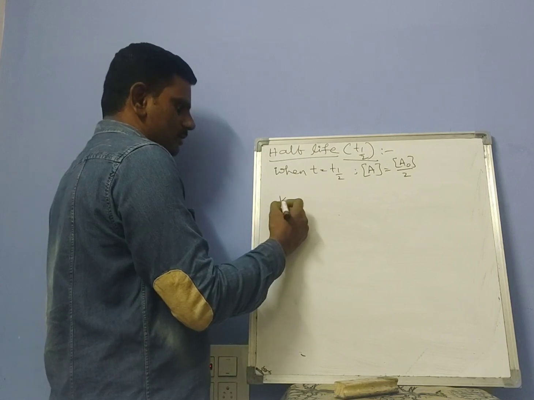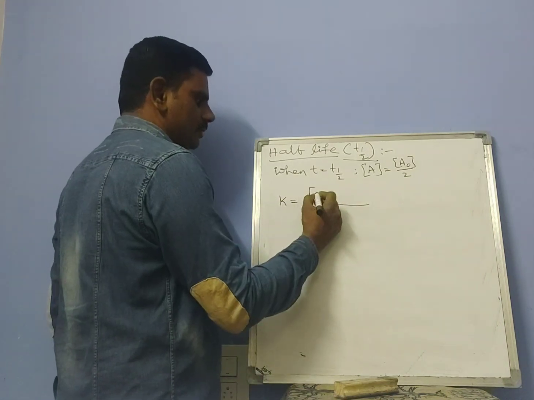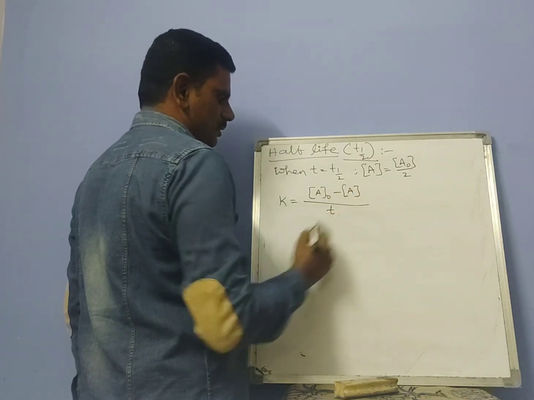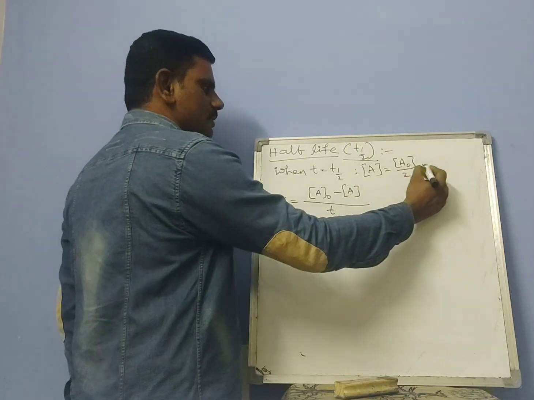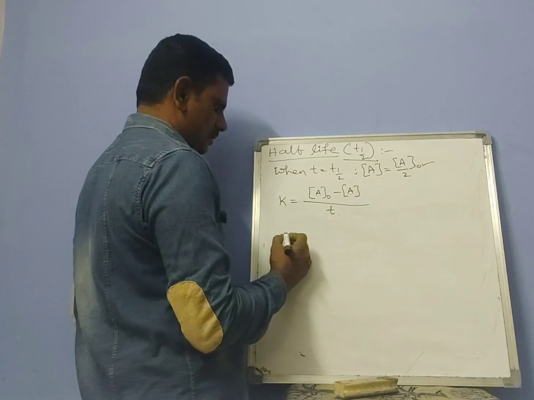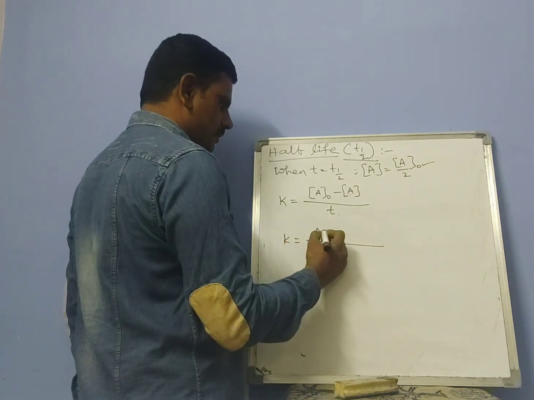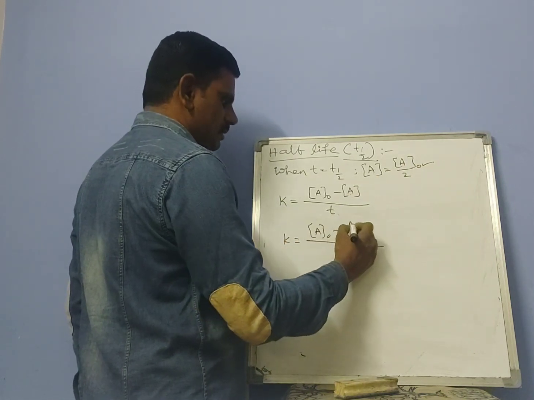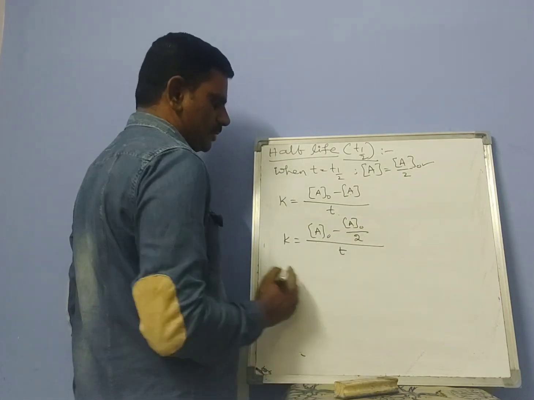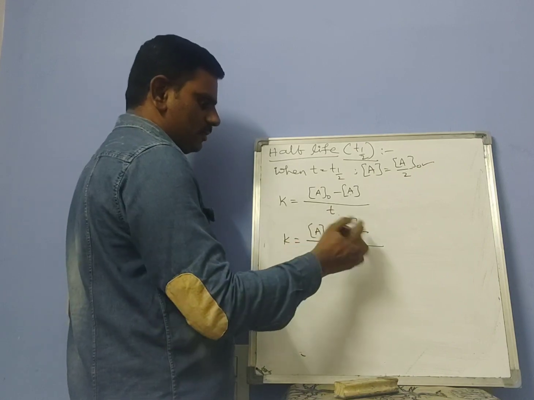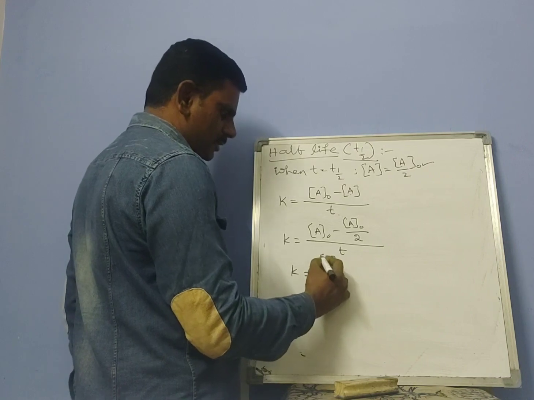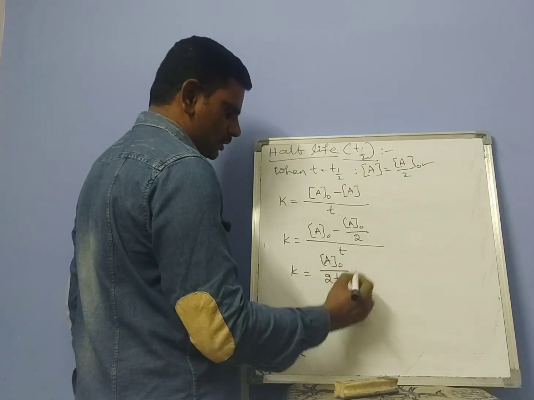So we know the rate expression for a zero order reaction, K is equal to A naught minus A divided by T, right? So what happens to A at T half? A naught by 2. I am substituting that here. K is equal to A naught minus A naught by 2, by T. A naught minus A naught by 2 becomes A naught by 2, so it can be written as A naught by 2T.